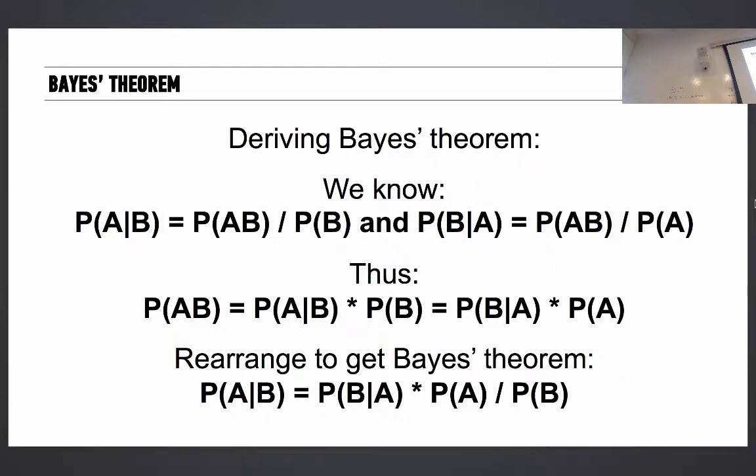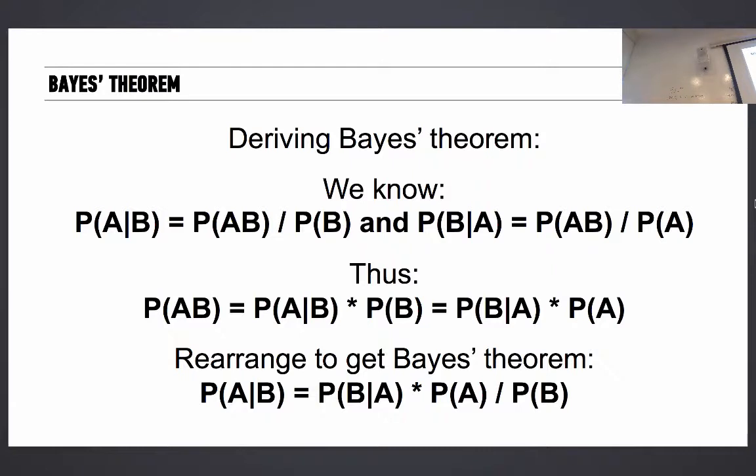The probability of A given B is the same thing as the probability of A and B over the probability of B. Also, the probability of B given A is the same thing as the probability of A and B over the probability of A.